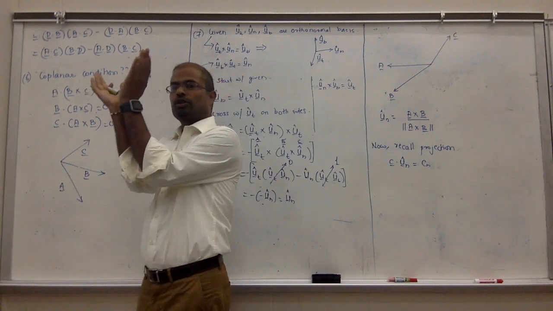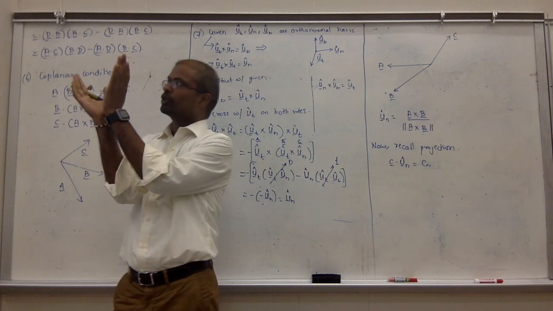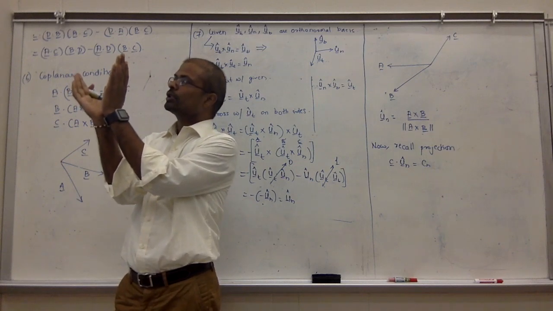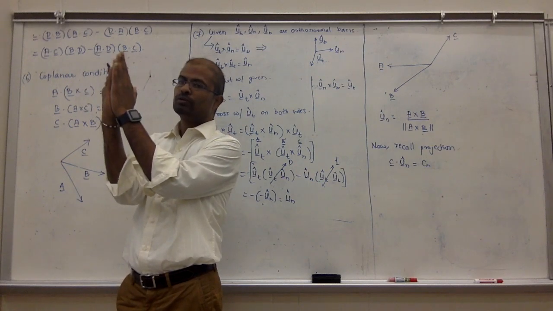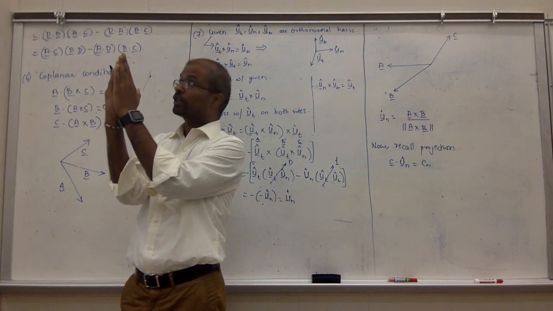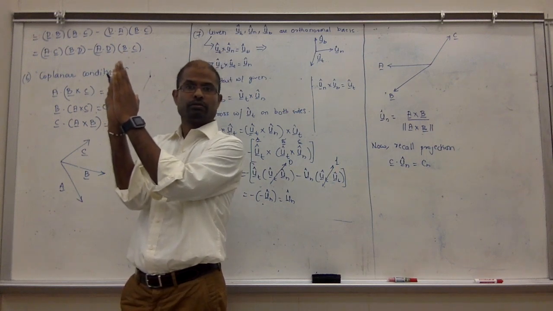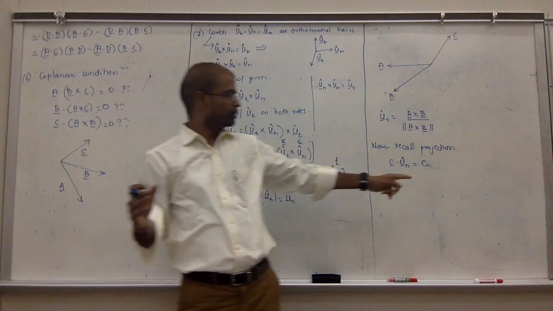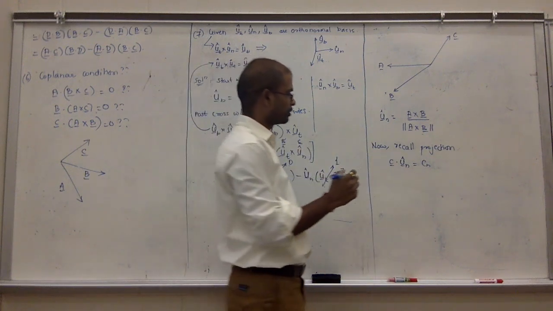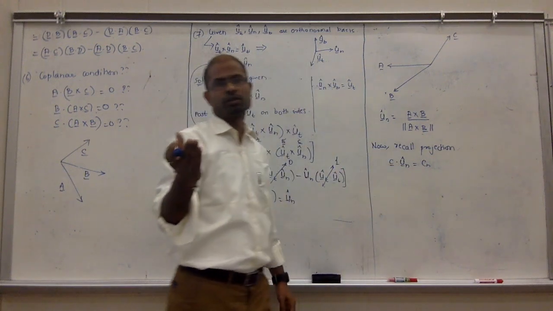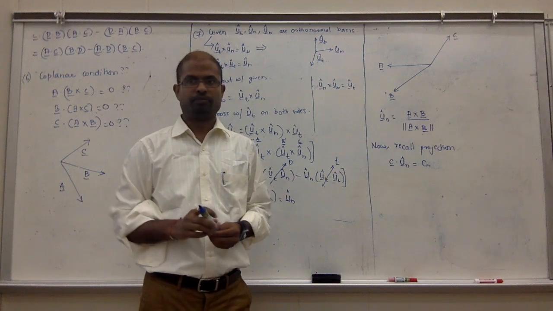It is the projection of C on U_N that gives you C_N. But that is not the vector. This is the scalar. This is a simple question and I can ask you in the exam.